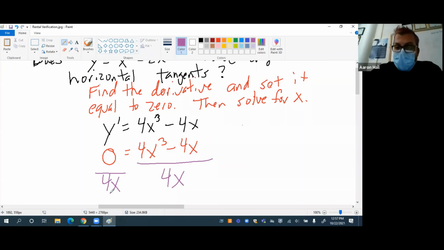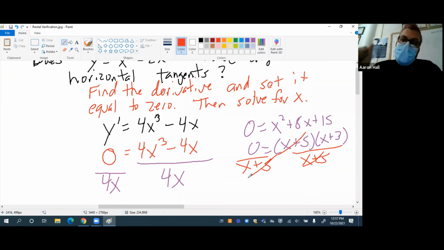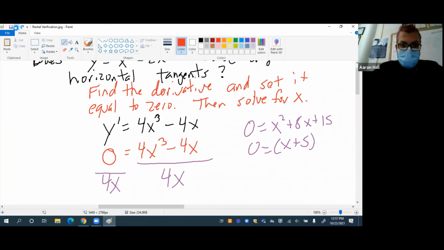That would be equivalent to if I have 0 equals x squared plus 8x plus 15, I factor this to get x plus 5 times x plus 3, and I now divide both sides by x plus 5. I'm losing a value by doing that. Do not divide out values when you're trying to solve for x. You're going to miss some important values.